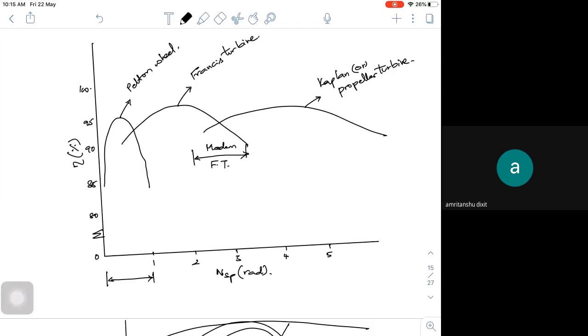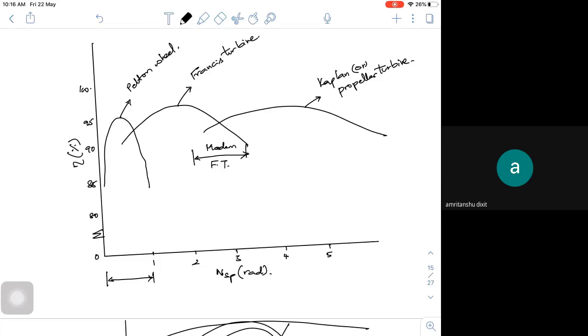Now these performance curves matter because I need to operate my turbine at a particular head. Say, at a head of 300 or 400 meters, and I want to operate at 90-95% efficiency, I will go with the Pelton turbine. What efficiency may I get? 90-92%, I can't go beyond that.